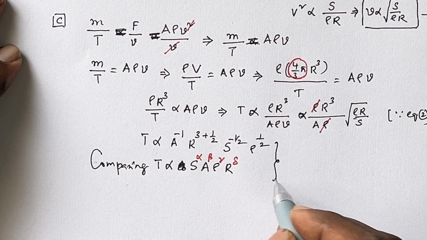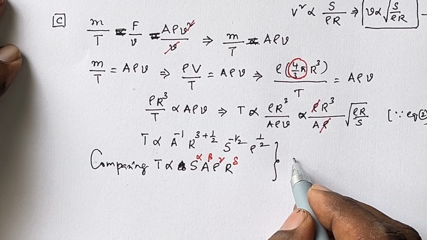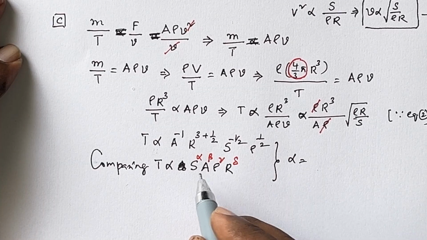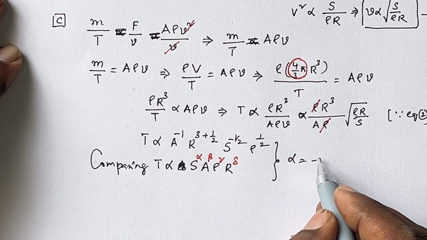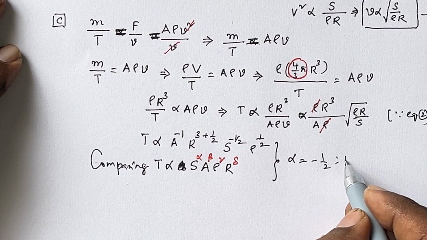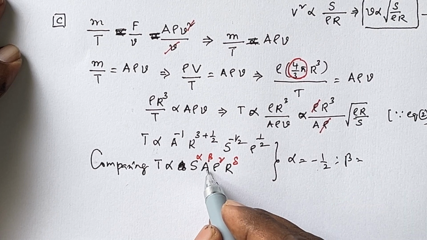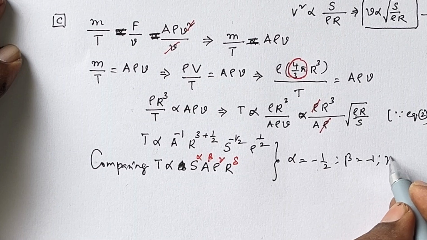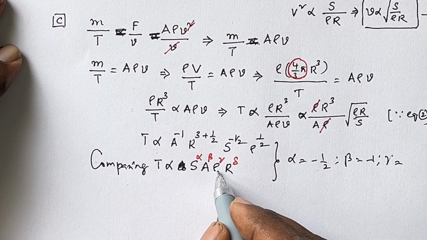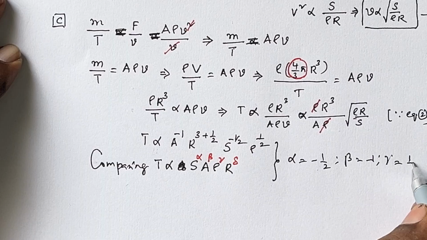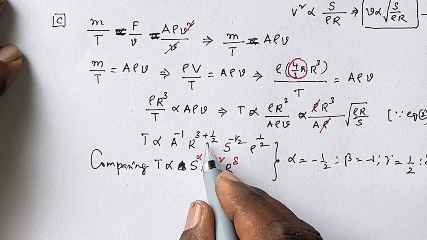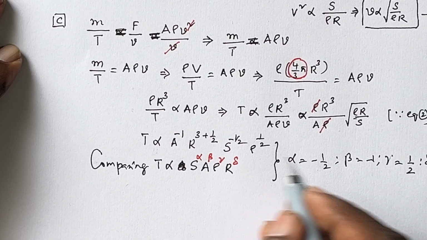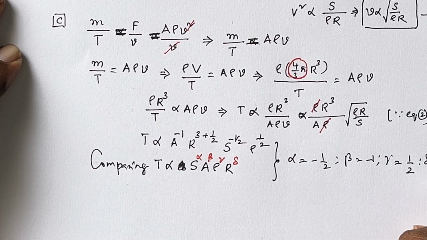So by comparing these two, alpha is equal to how much? We got S power minus half. Beta is equal to how much? Beta is for A, minus 1. Gamma is for rho, that is half, and rho is for R, how much? 3 2s are 6, 7 by 2.